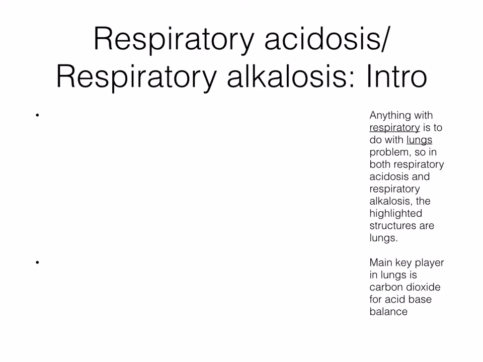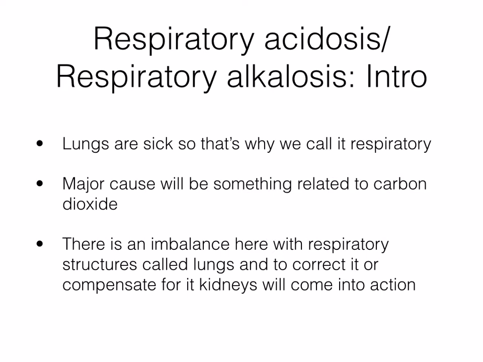Let's go to the next slide. In respiratory acidosis or respiratory alkalosis, lungs are sick. So that's why we call it respiratory. The major cause will be something related to carbon dioxide, and I'm repeating the same thing.